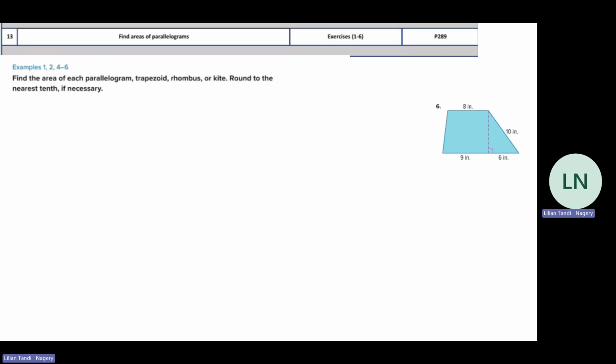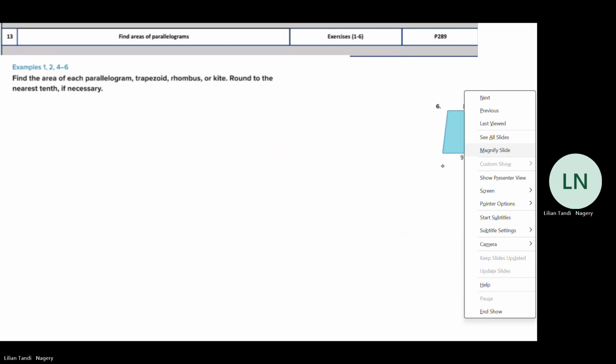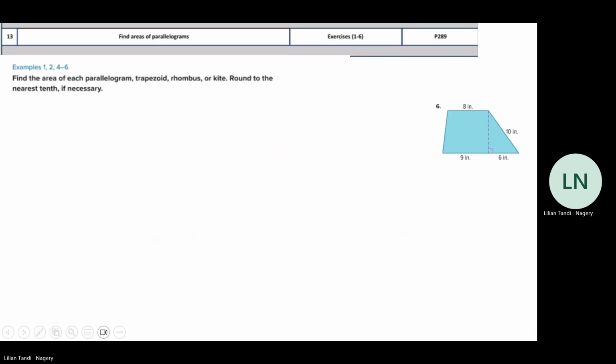We move on. This is our trapezoid. And we do not know the height. Okay, we do not know the height. So we're going to find the height using Pythagoras theorem. Height equals square root c squared minus a squared.